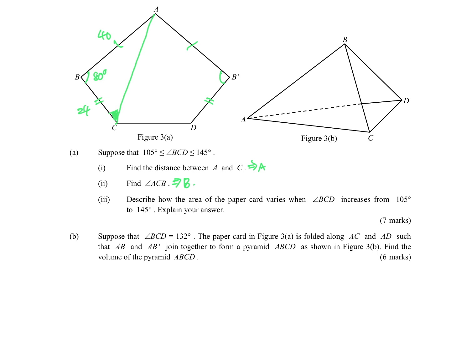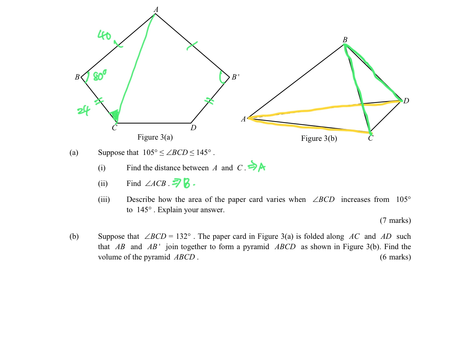Now, triangles ACD and ABD are isosceles, and then we have BC equals to BD, also isosceles.